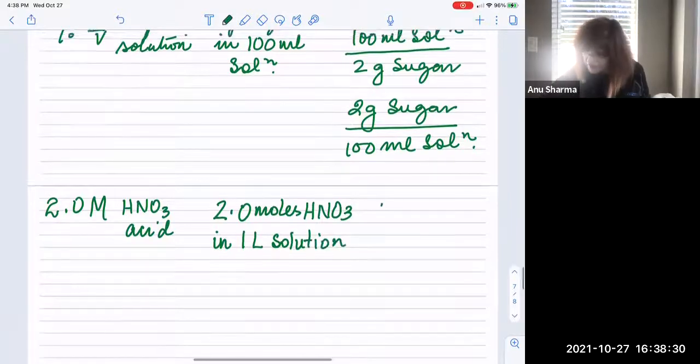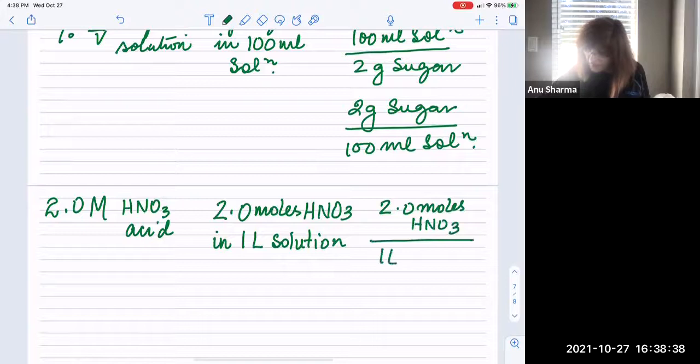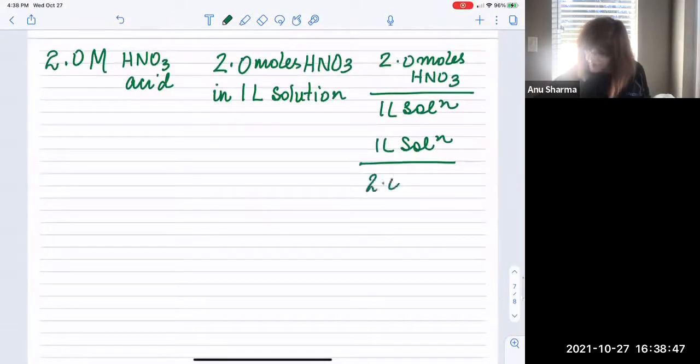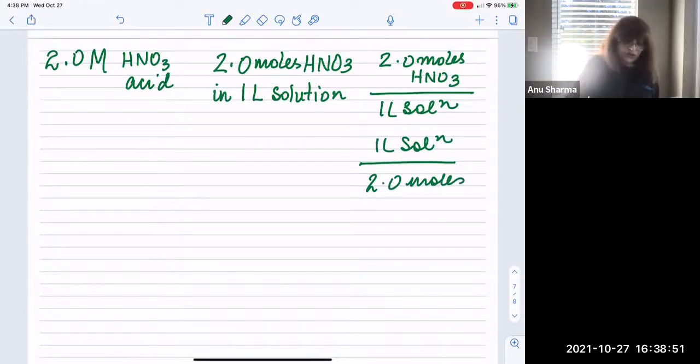The conversion factors are 2.0 moles HNO3 over 1 liter of solution, or 1 liter of solution over 2.0 moles. All right, for now we are going to stop here.